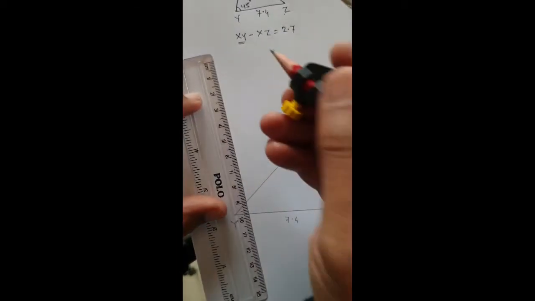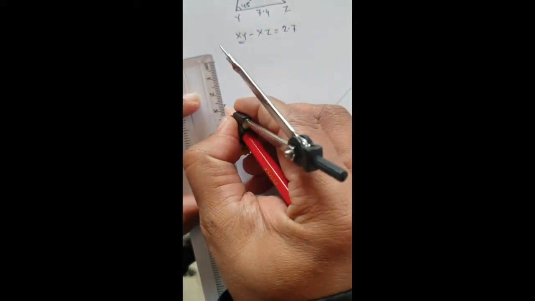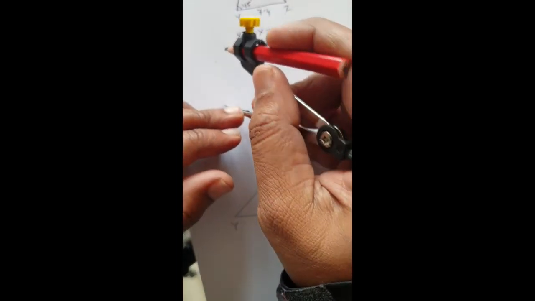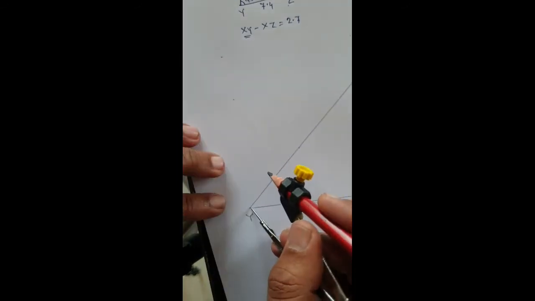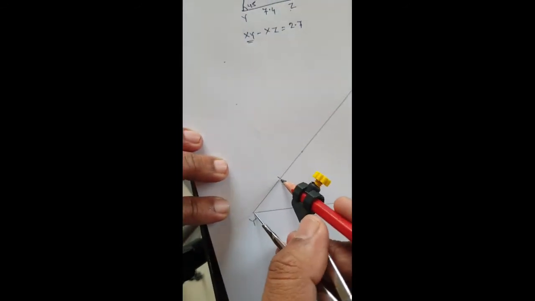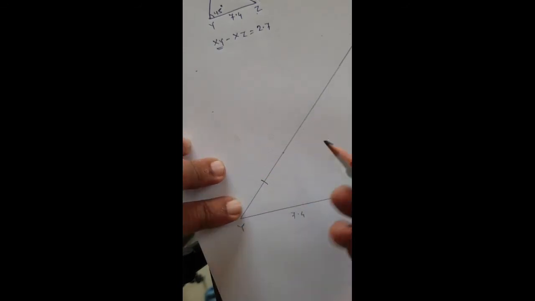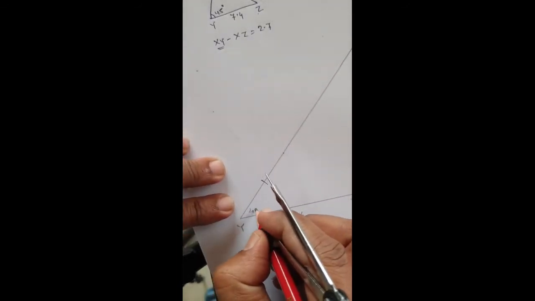Okay, now we have to take 2.7 on a compass. Take 2.7, something like this. This is your 2.7 distance. Then draw an arc from Y on the angle which was drawn, making 45 degrees.